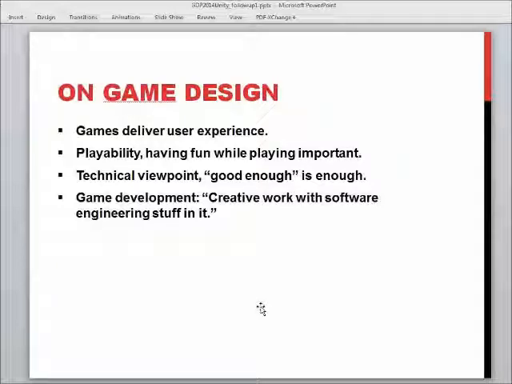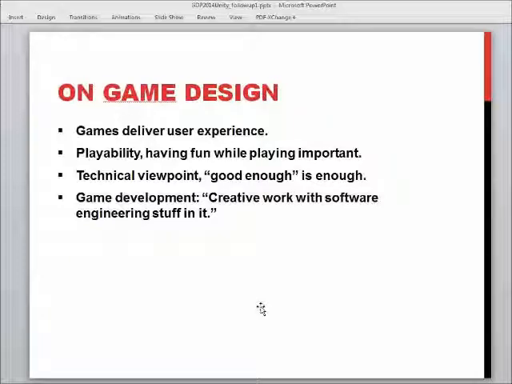Like I have said several times in this presentation, and I cannot emphasize enough, since games are based on abstract constructs and want to deliver user entertainment, they should be focused on the user experience.